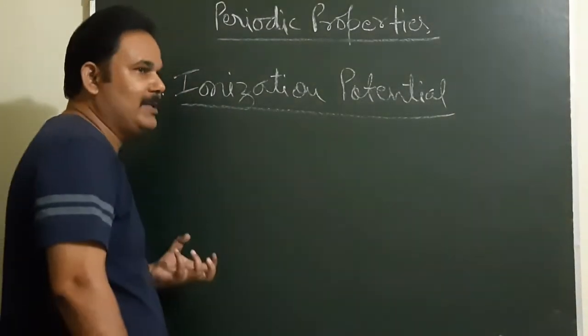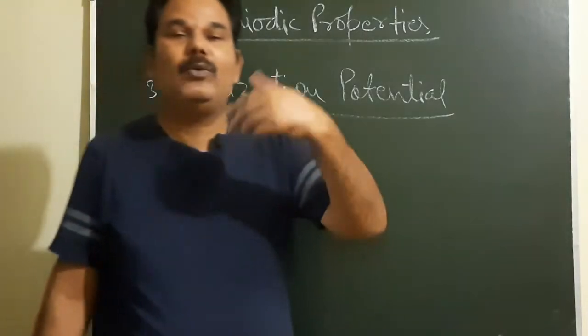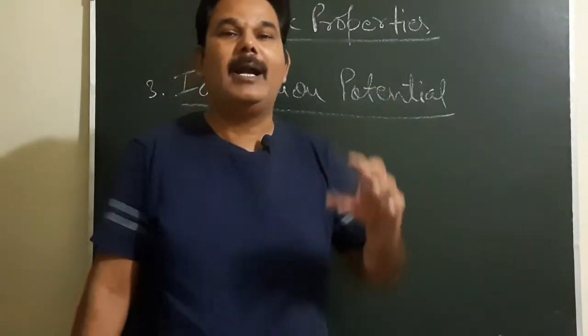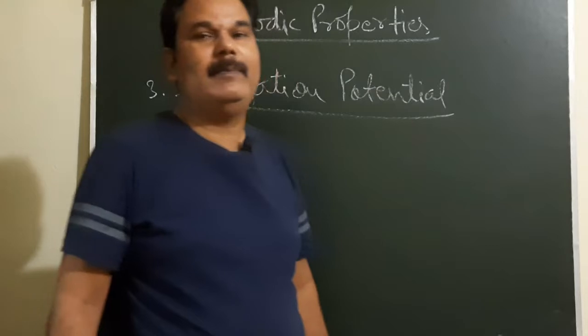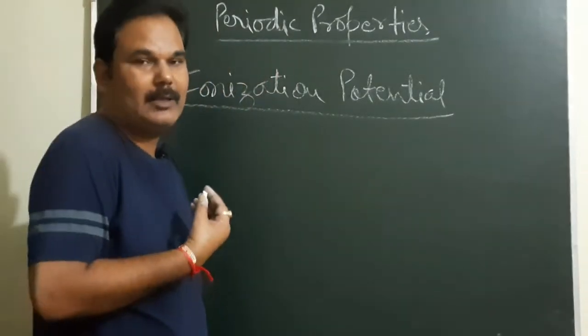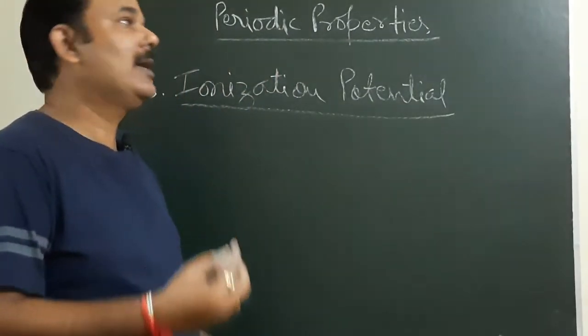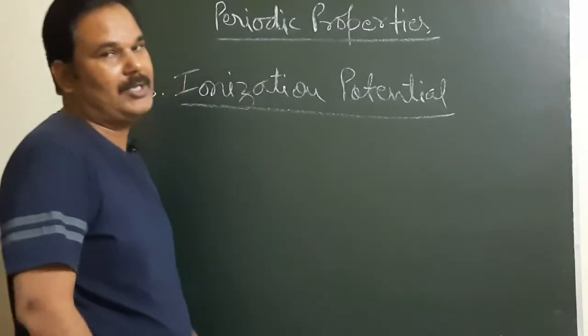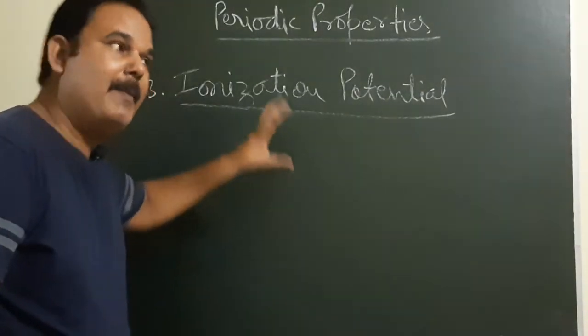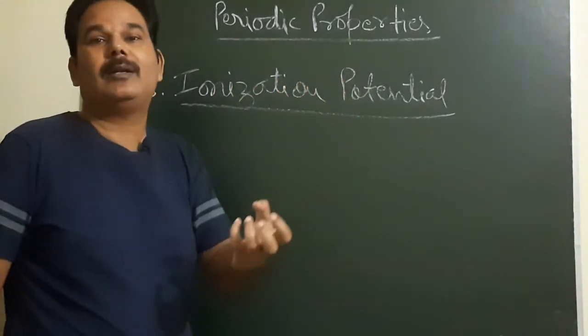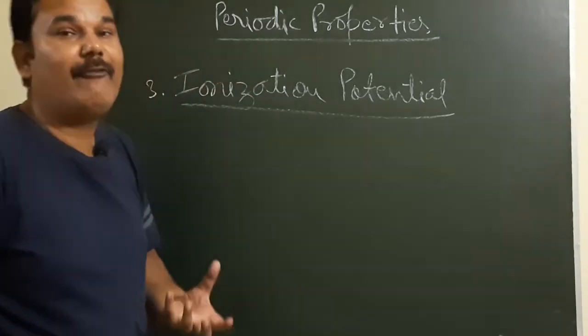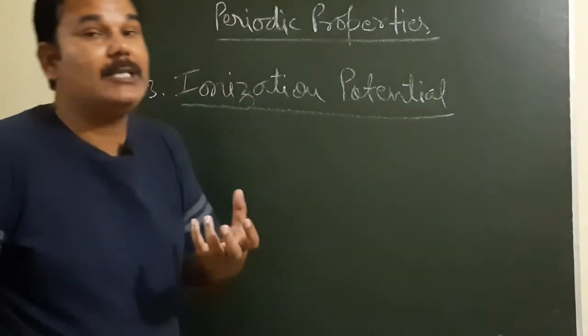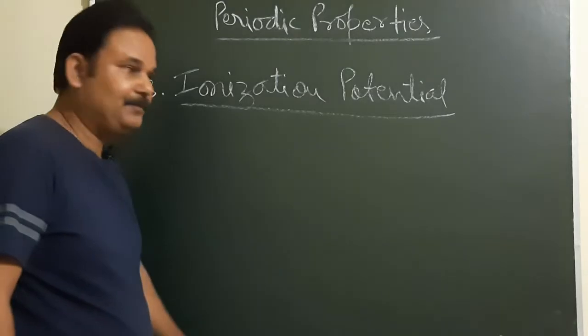Suppose one atom is converted into the isolated gaseous form, and from that isolated gaseous atom we take one or more electrons, then whatever energy is required is known as the ionization potential. Once again I am repeating, the minimum amount of energy required to take out one or more electrons from the outermost shell of an isolated gaseous atom is known as the ionization potential.